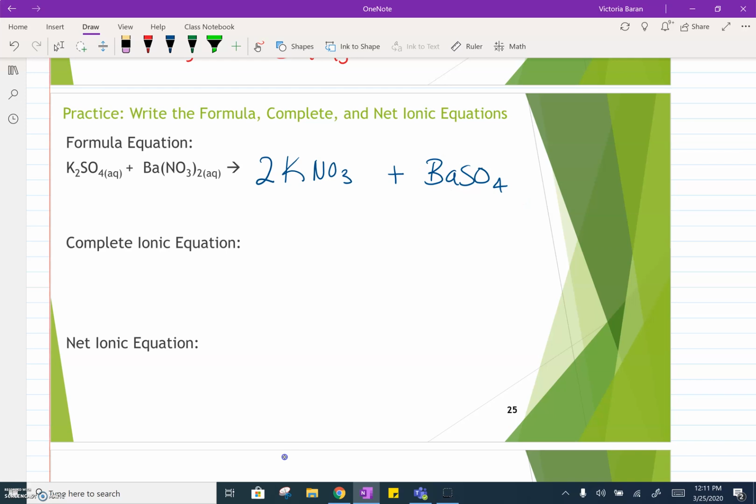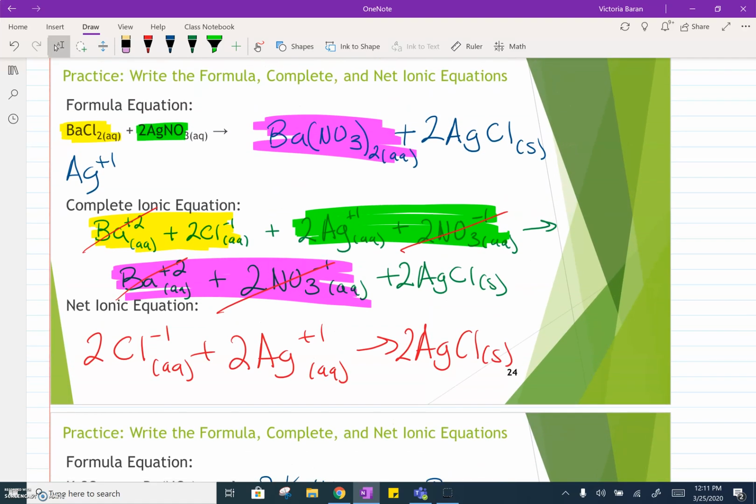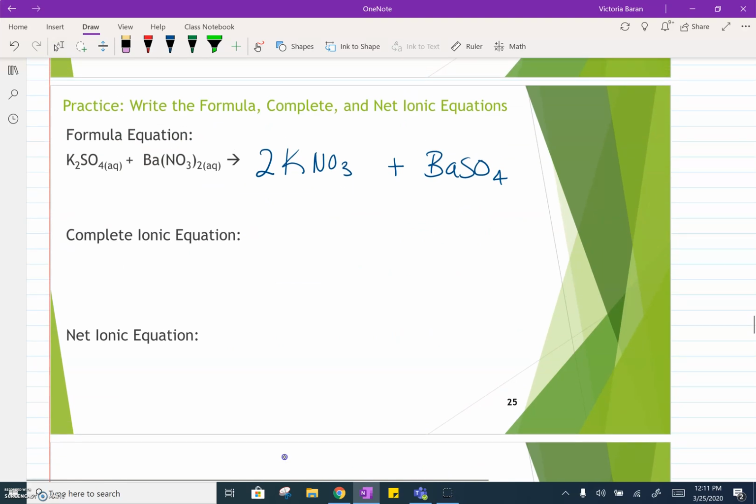Now, the next thing I have to do is determine if these are aqueous and soluble, or they are insoluble and will form a solid precipitate. Now, as I said in the last example, anything with NO3 in it will always be aqueous. Okay? So if you ever see NO3, that is always soluble and aqueous. Let's look at the next one, though. So again, we're going to use the solubility chart in just a moment. So you want to look at that second element, the anion that has the negative charge, so SO4.